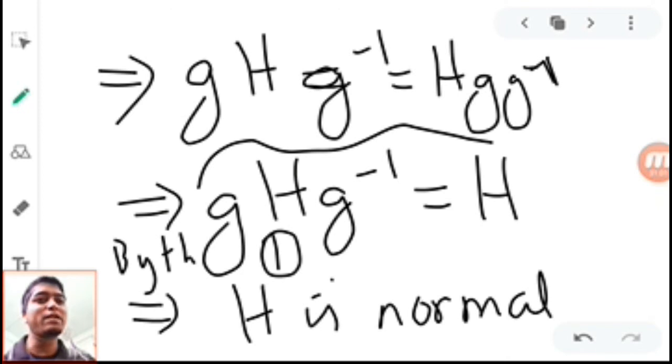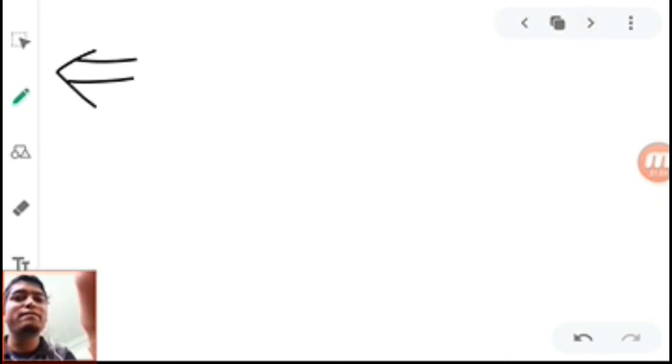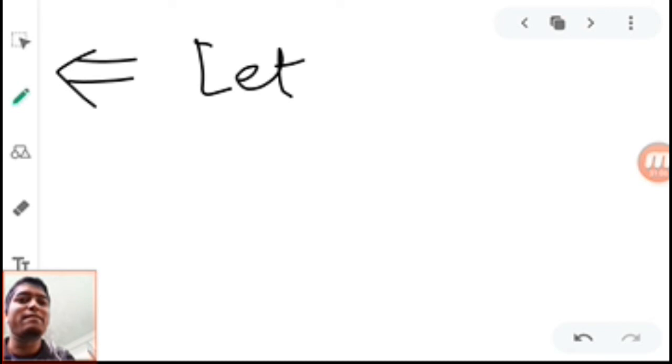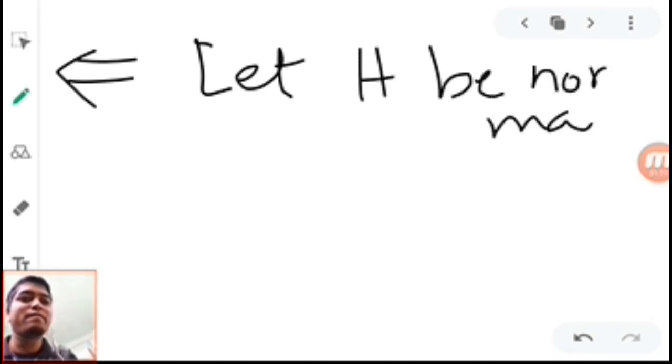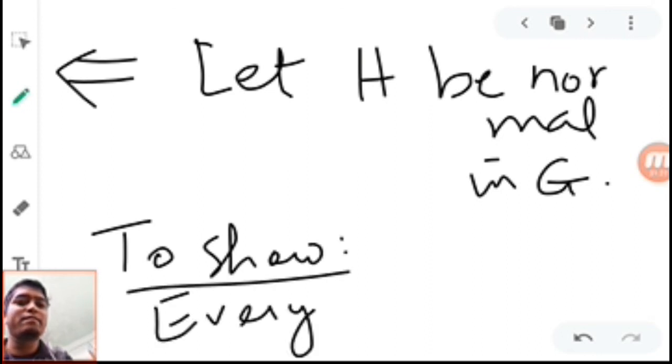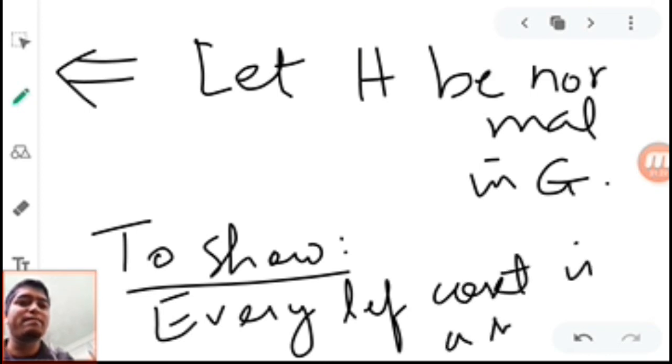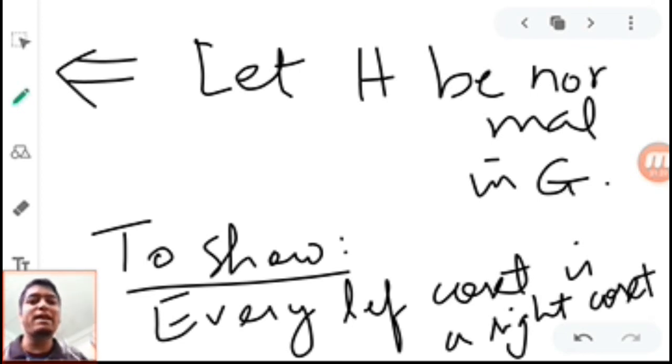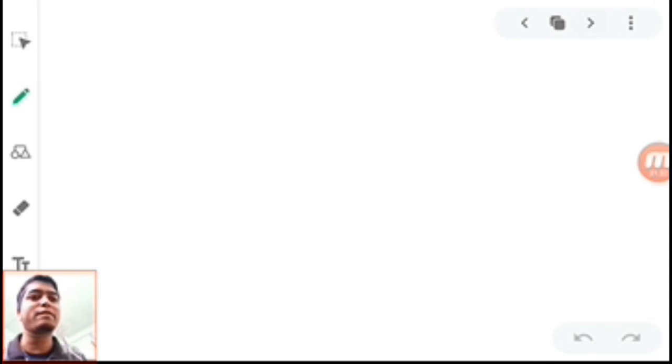Now we will do the converse. The converse will have to start with H be normal in G. We have to show every left coset is a right coset. Since we have to show that every left coset is a right coset, what we will do, we will start with a left coset.